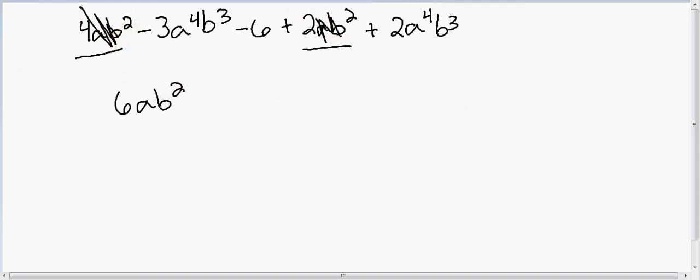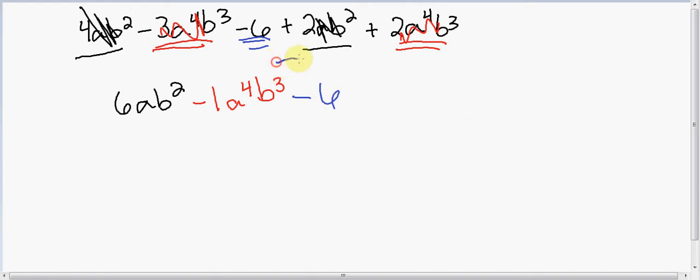Negative 3a to the fourth b cubed and 2a to the fourth b cubed are like terms. They have the same exact variable piece. Negative 3 and positive 2 is going to give me negative 1 a to the fourth b cubed. Cross them out. And you can see that I'm left with the constant negative 6, and I'll put that last. So there's my answer.